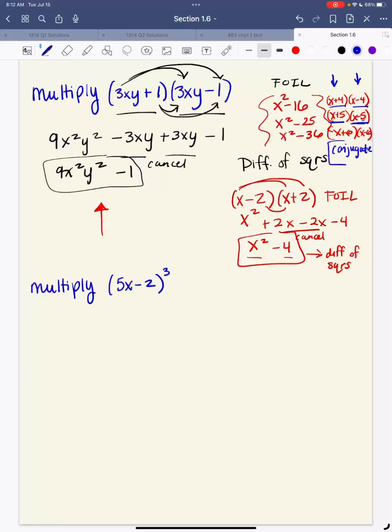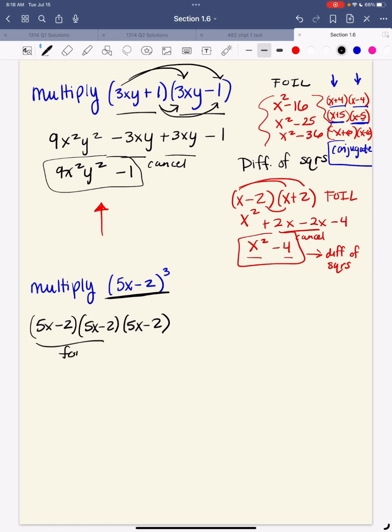And these are conjugates. We're going to multiply 5x minus 2 times 5x minus 2 times 5x minus 2. Notice that taking 5x minus 2 all cubed does not mean I distribute the cube inside the parentheses. It's actually multiplying 5x minus 2 times itself 3 times.